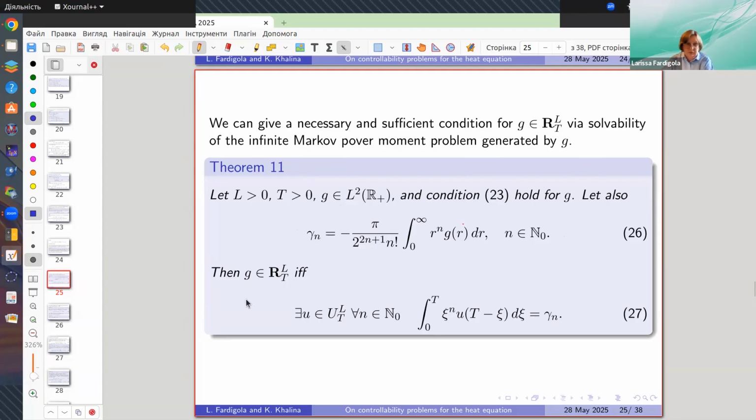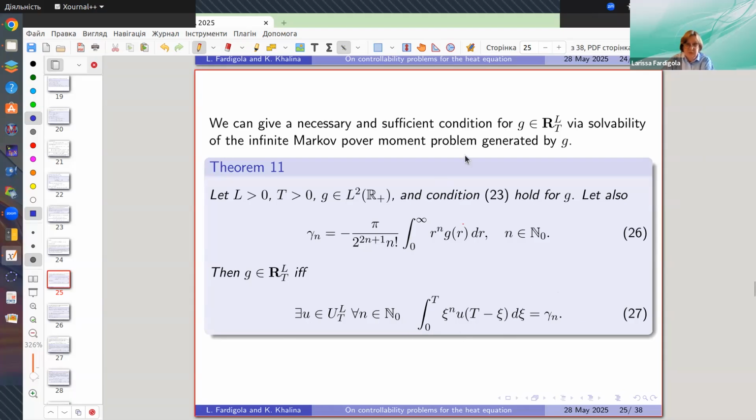And then we can say that G belongs to RTL if and only if there exists U belonging to UTL such that for all n, where n is natural or zero, this condition holds.